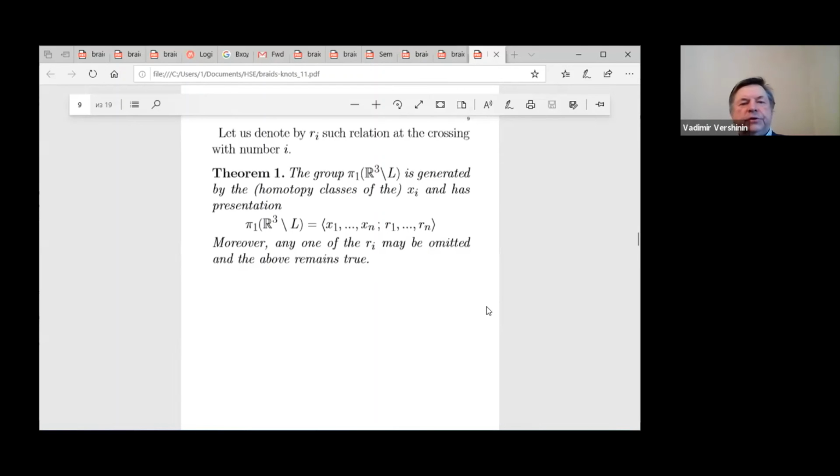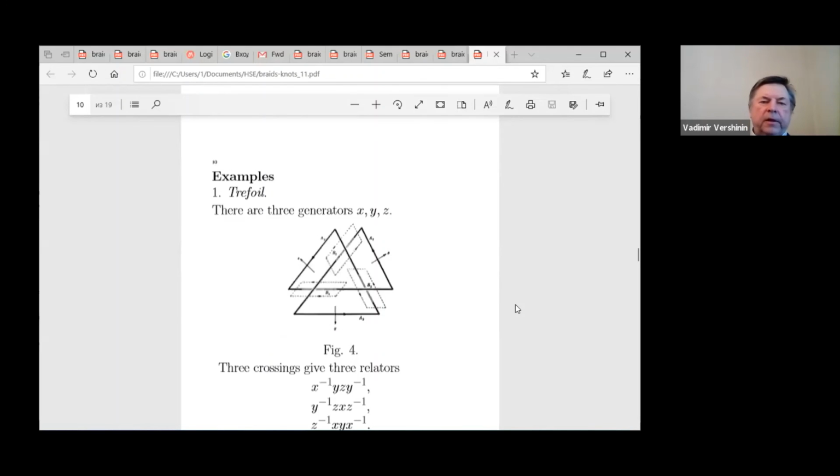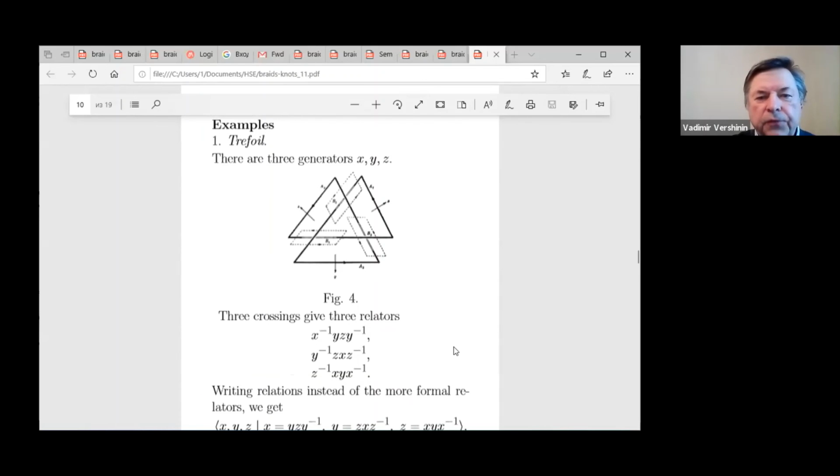This is the Wirtinger presentation for any link. And of course, let us start with our favorite trefoil. So this is our trefoil.